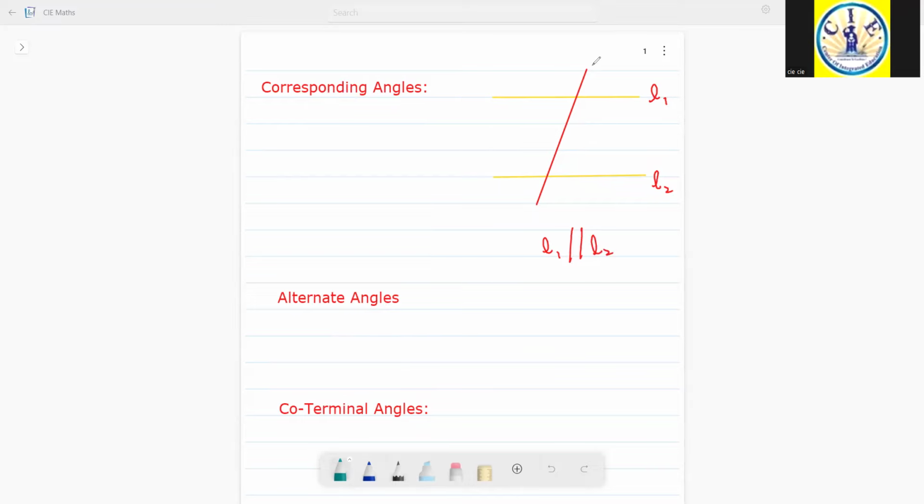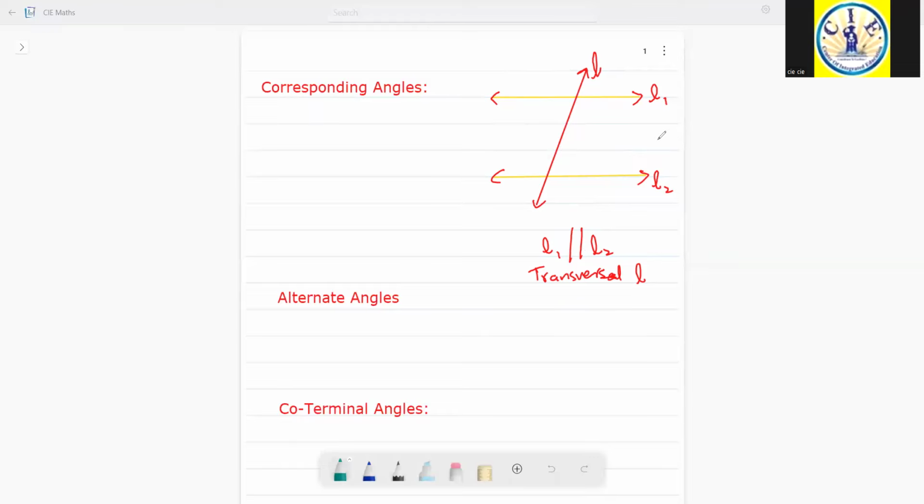And there is another line L, for example, that intersects the lines L1 and L2. This line L is called a transversal. It is a line that intersects these two parallel lines L1 and L2.